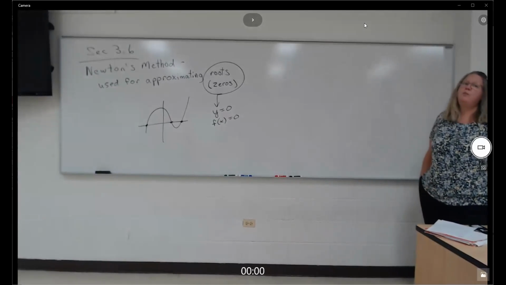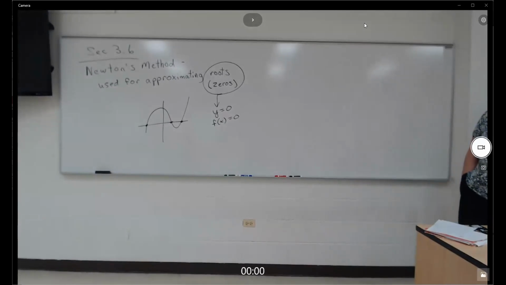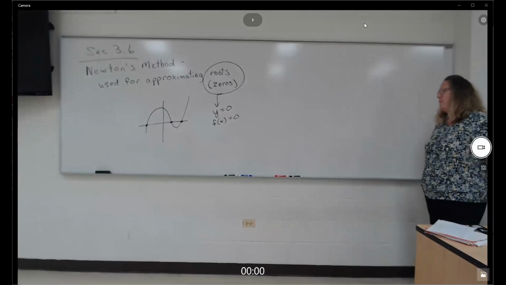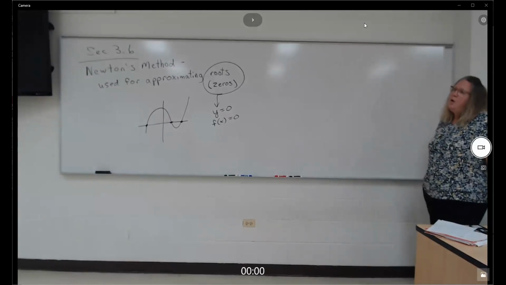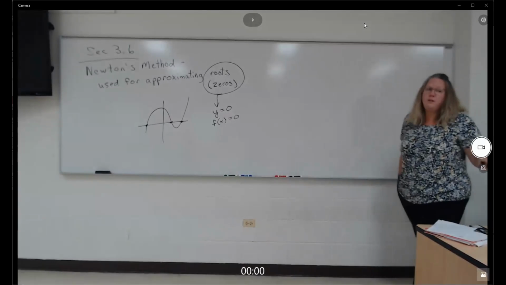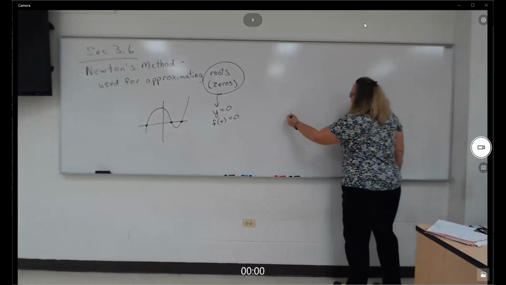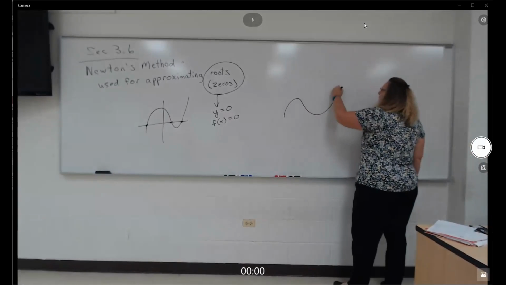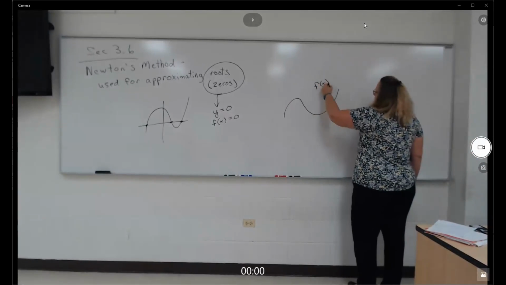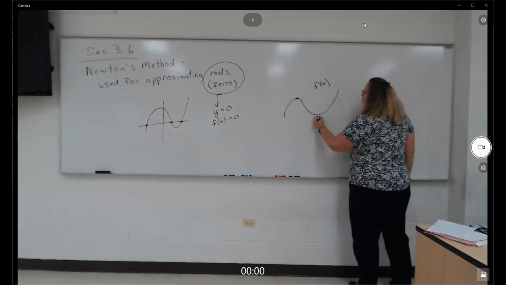Now, not when the derivative is 0. It's a little bit different. But if you had a function, so let's say, I don't know if this is too confusing, just tune it out. But if you had a function, this is f of x, where the derivative is 0.